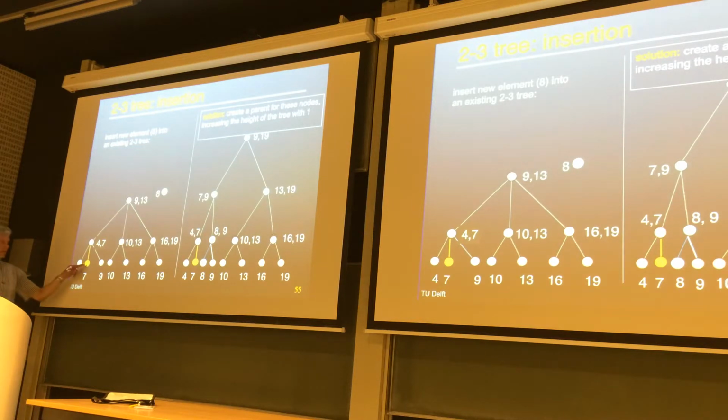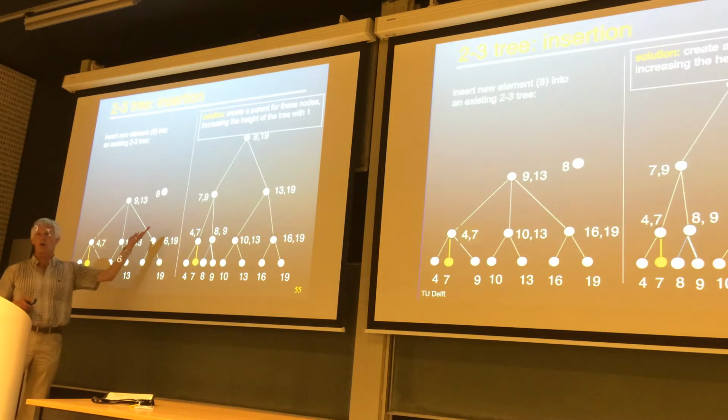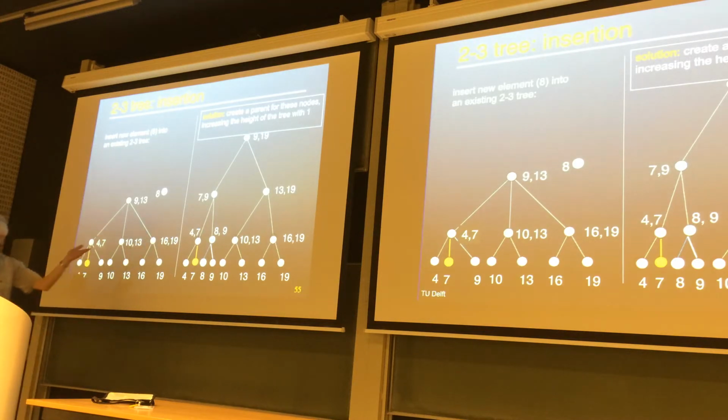In the final layer, we either are happy, we include the node, or we split the node. Takes constant amount of time. And now we are going up in the tree. Well, how many levels are there in the tree? That's the O of log n. And by doing a constant amount of operations at each level, you end up with the total cost of insertion of O of log n.